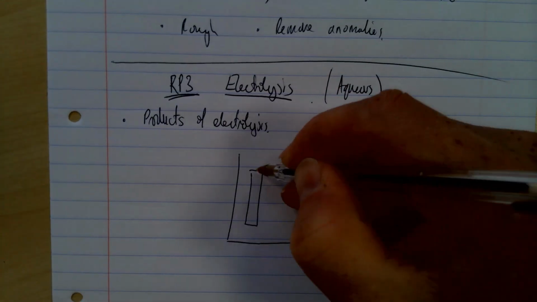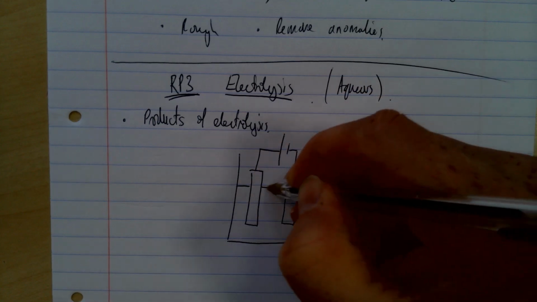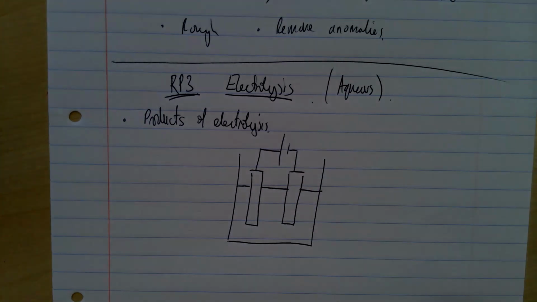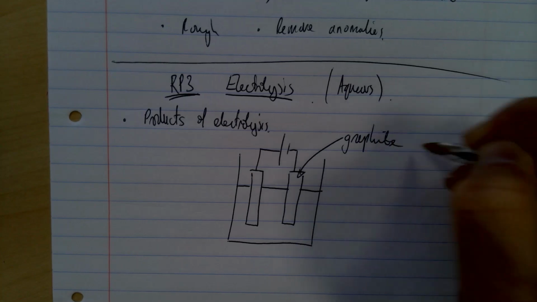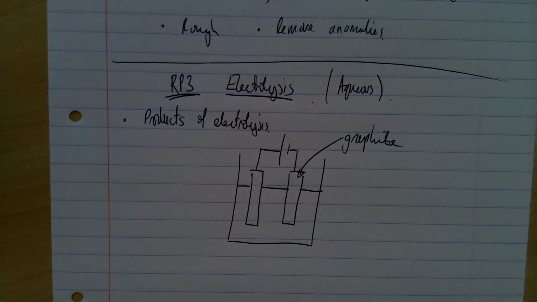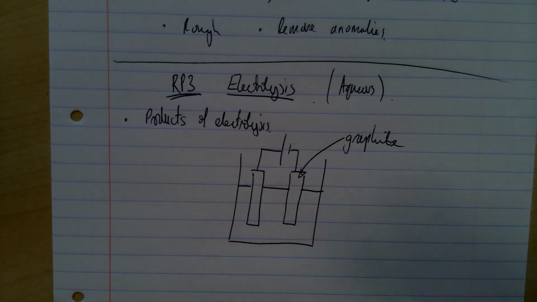So in electrolysis, you've got a couple of electrodes dipped in, and these will be made of graphite. What's special about graphite that means we use it as electrodes? It doesn't react, it's made of carbon, it conducts electricity. Graphite conducts electricity, and you need to know that for the bonding topic anyway, right?